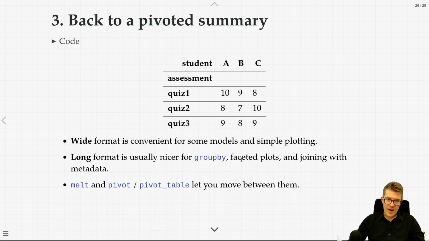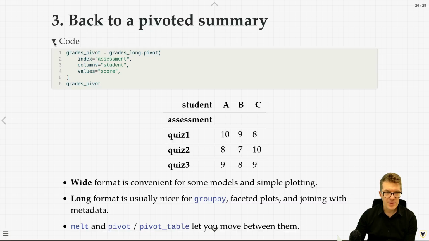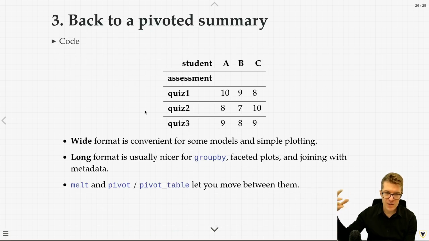Our wide format can be convenient for some modeling and simple plotting. Our long format can often be nicer for a groupby. So long is what I might have previously called tidy. So faceted plots, joining with metadata, melt, pivot table. These are all functions that help us transform data into one form or another according to what we need.